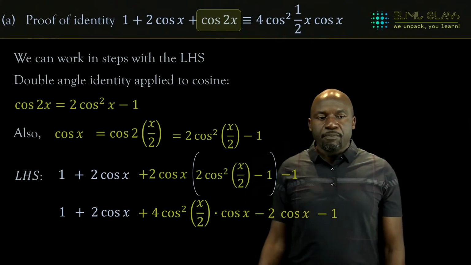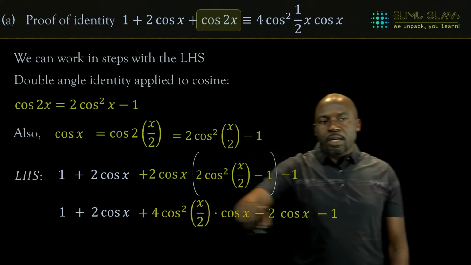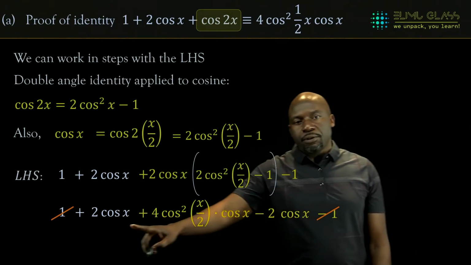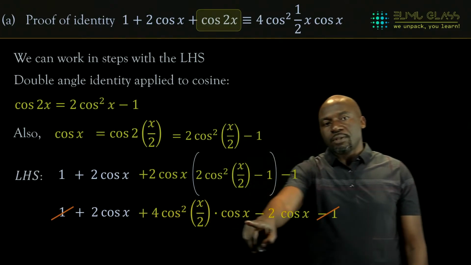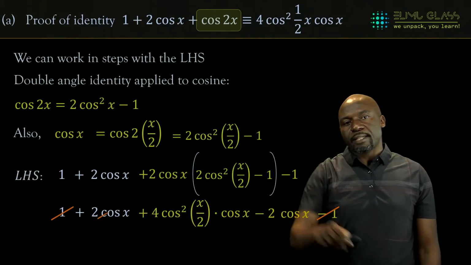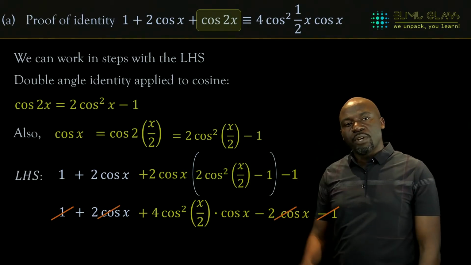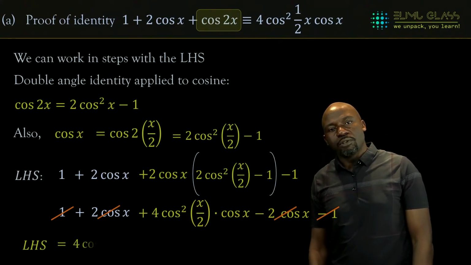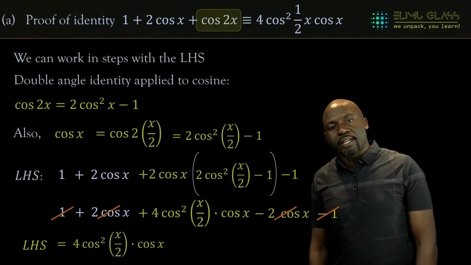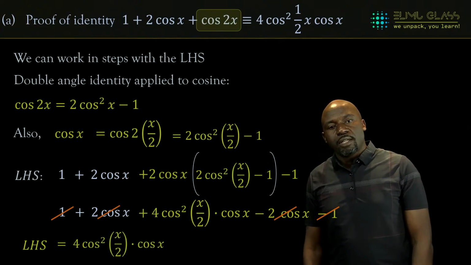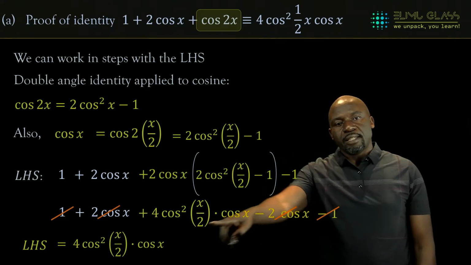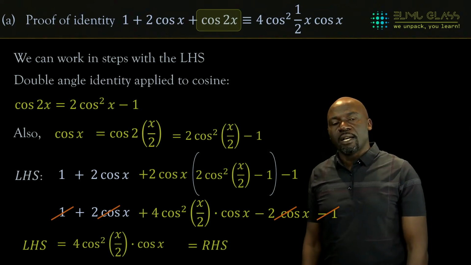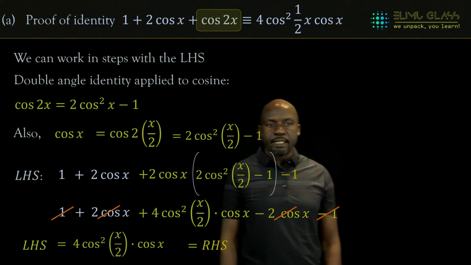We are done with this problem. 1 there will cancel with negative 1, as you can see there, and positive 2 cos x also cancels with negative 2 cos x there, and you can see we are only left with this term here, and so the left hand side is suddenly equal to 4 cosine squared of x over 2 times cosine of x, and this is the same as the right hand side there, and so we've proved the required identity, okay?